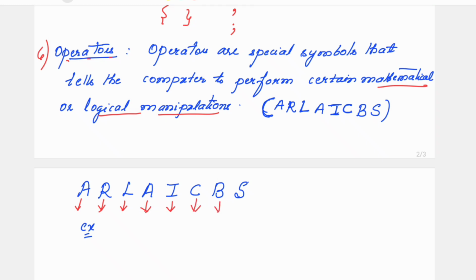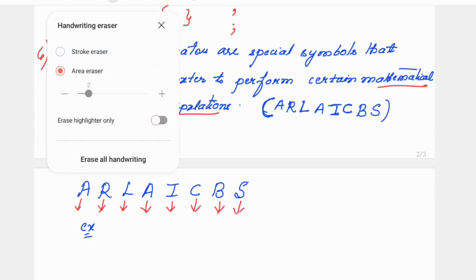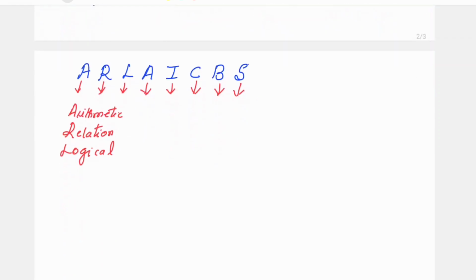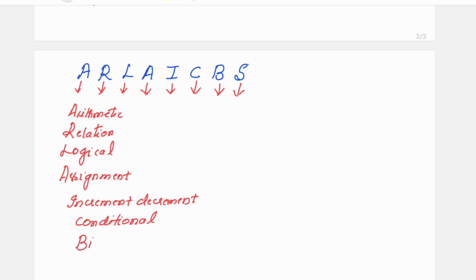It is a CBCS, choice based credit system. So this way you can remember it. Just A arithmetic, fine, then R relational operators, L logical, then you have A assignment operators, then you have the increment and decrement operators, then you have the conditional operators, bitwise operators, and special operators.